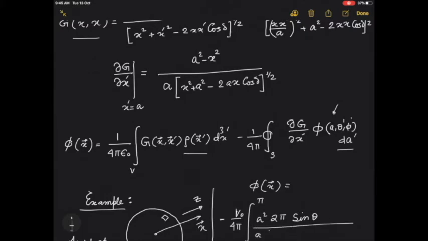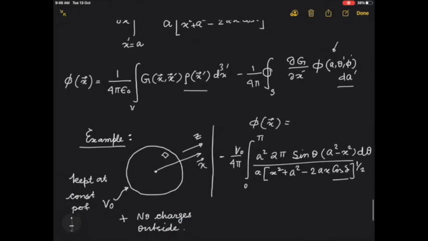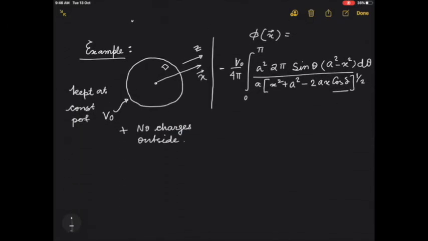So ∂G/∂x' is what I have to write, which is given here: (a squared minus x squared) over (x squared plus a squared minus 2ax cos delta) to the power 3/2, and d theta. See, it's cos delta over here, so I have to figure out what that is. That is not done yet.